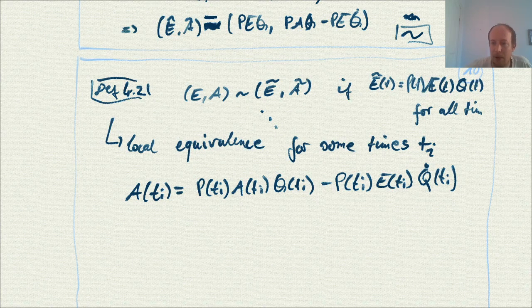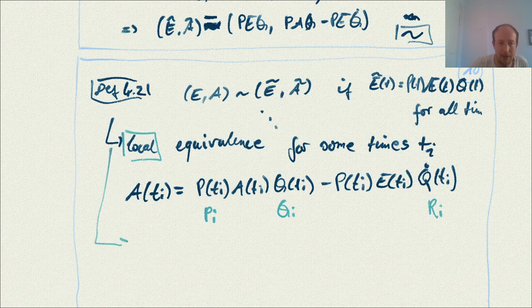Well, since it's only for some times, there are no more functions, so the Q dot and Q. On discrete times, it does not make sense to talk of Q dot to be the time derivative of the Q. So one can just replace these with say Pi, Qi, and here this can be just the Ri. So this is not the definition that you find in the script, but this is the local equivalence.